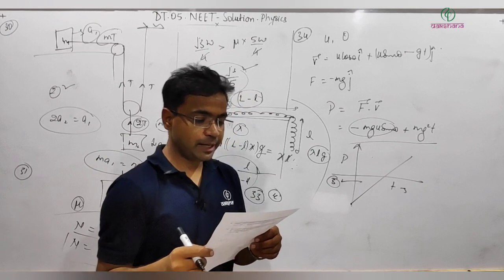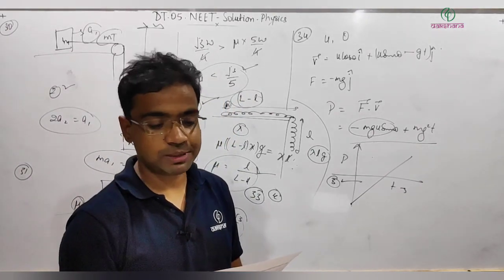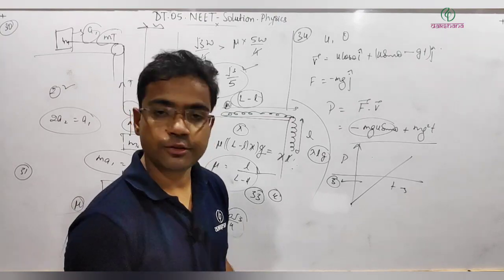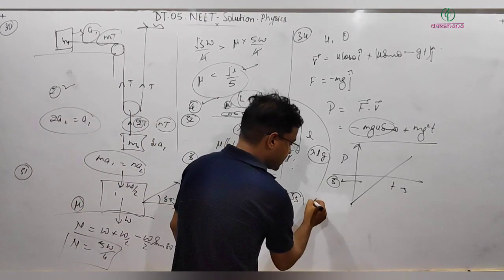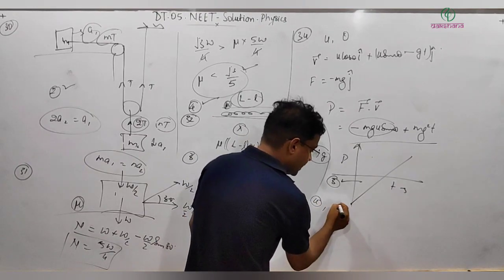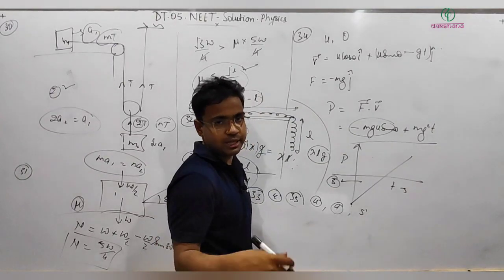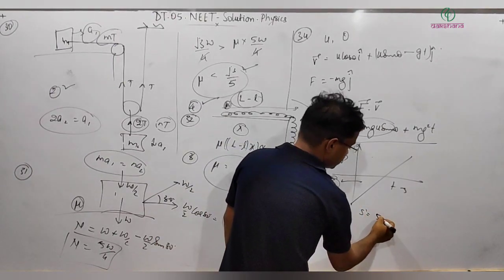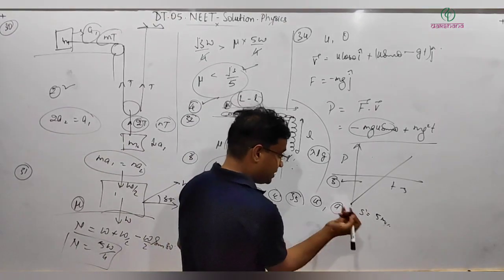By applying the brake without causing skid, the driver of the car is able to stop his car in a distance of 5 meters. So in question number 35, let's say the initial speed of the car is u, acceleration due to braking is a, and displacement in which it finally brings the car to rest is given as 5 meters, right? So in this situation, final velocity is 0.